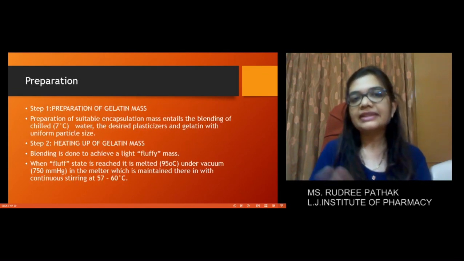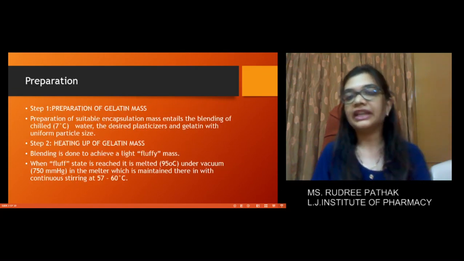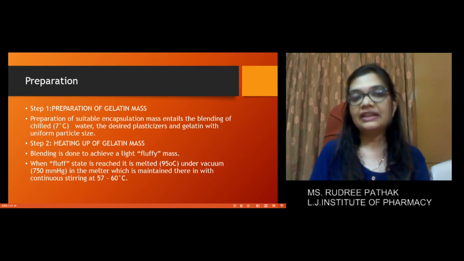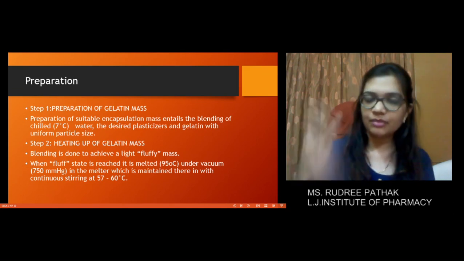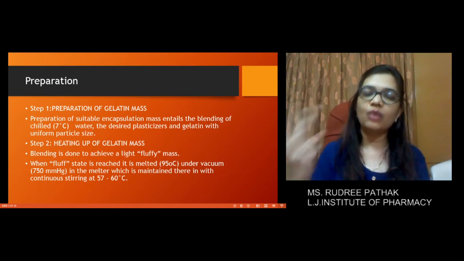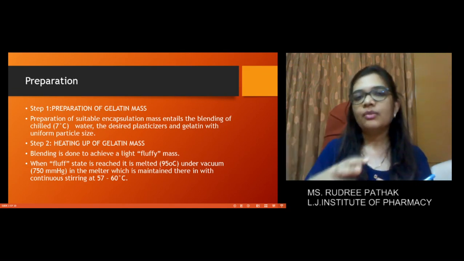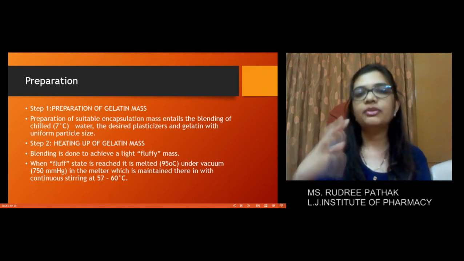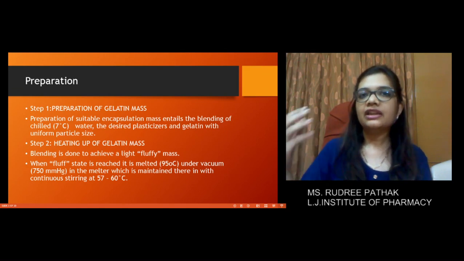Now let's look at the steps for manufacture of soft gelatin capsule. First of all, we'll be talking about the shell. The shell is basically made up of three components: gelatin, water, and glycerine. Basically, these three components are mixed, and that is cooled to a particular temperature in the first step.